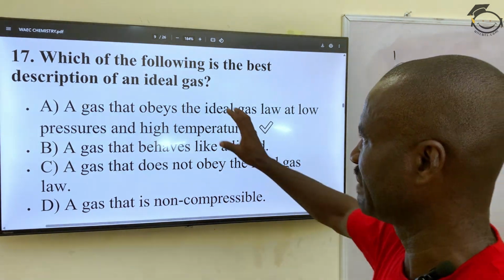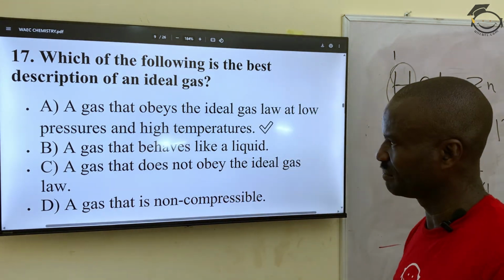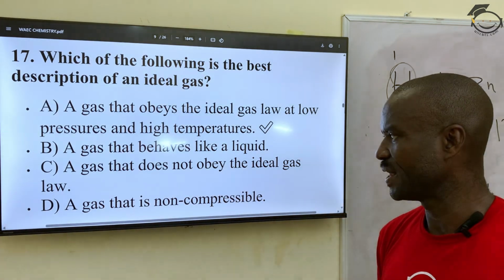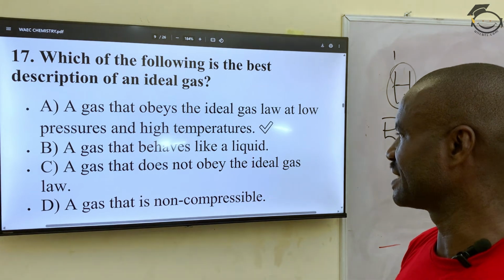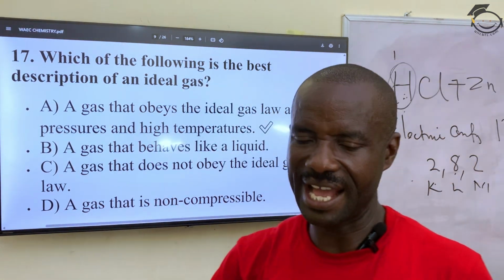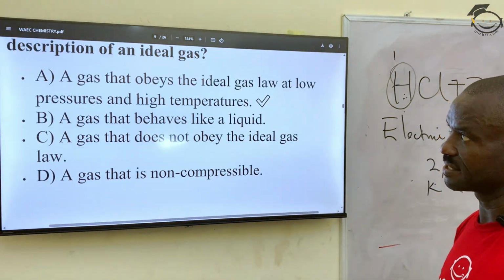B, a gas that behaves like a liquid. C, a gas that does not obey the ideal gas law. D, a gas that is non-compressible. The correct answer is A. A gas that obeys all the gas laws is an ideal gas.